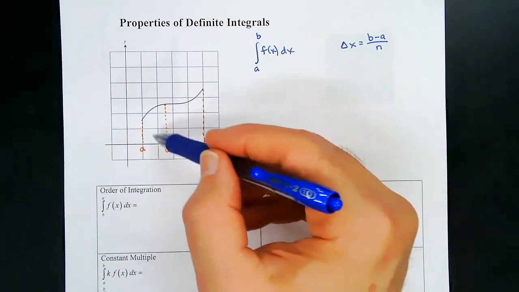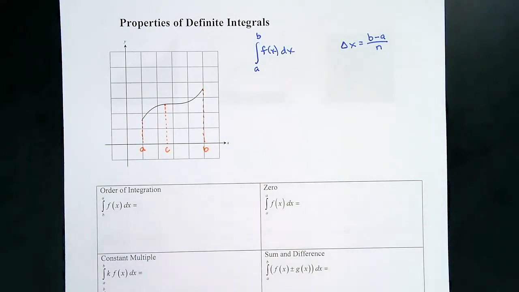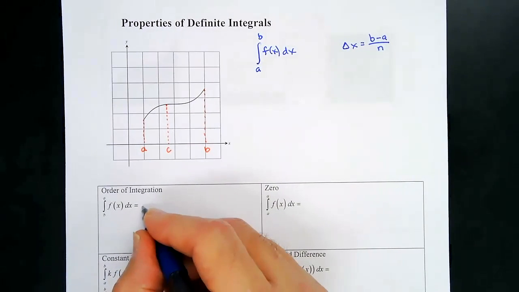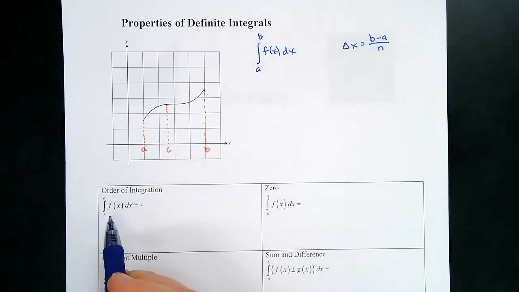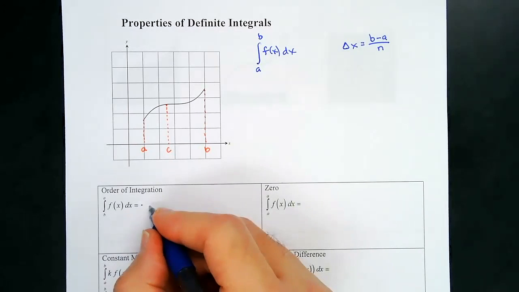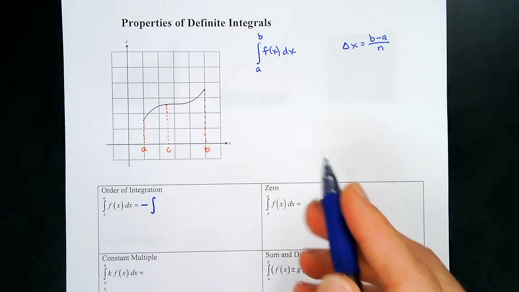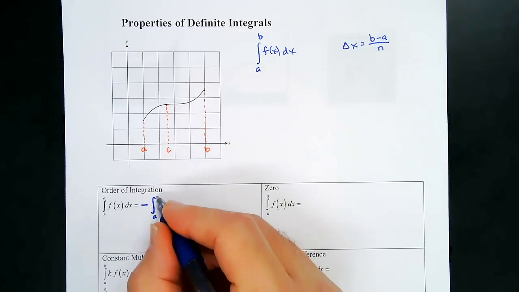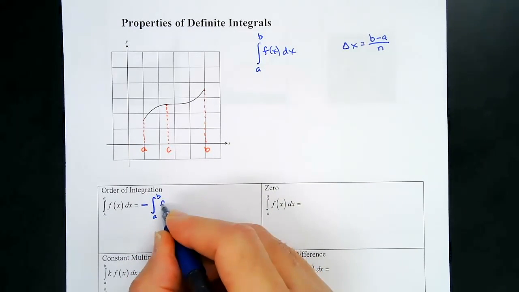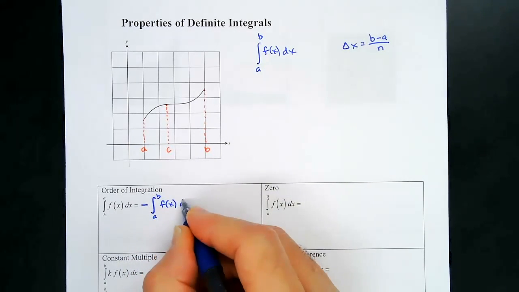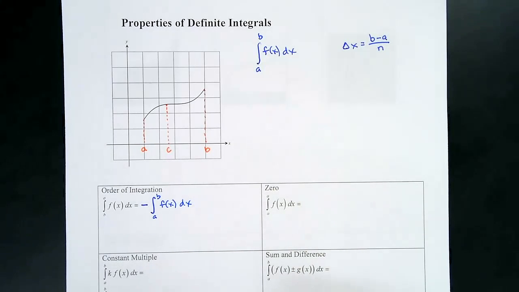It's the same area, but because we're going in reverse, it's going to cause it to be negative. So what this would become is the negative of the integral from a to b of f of x dx.